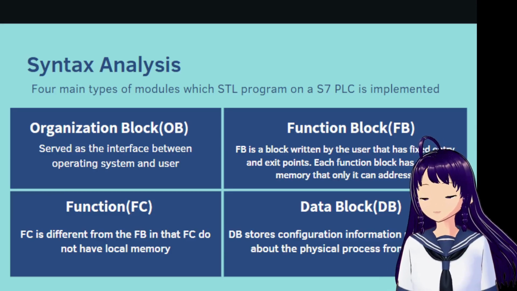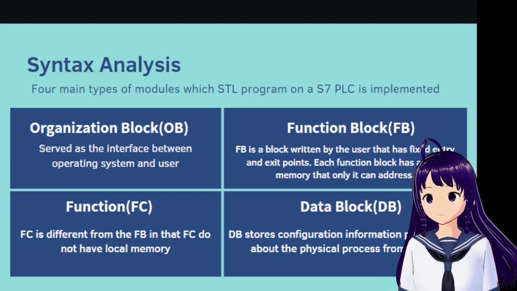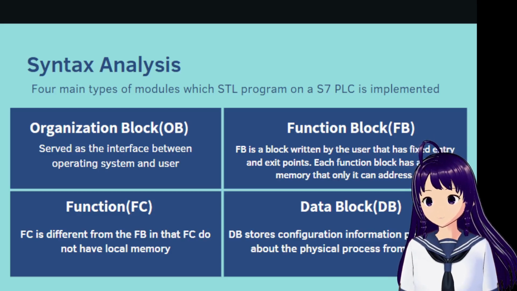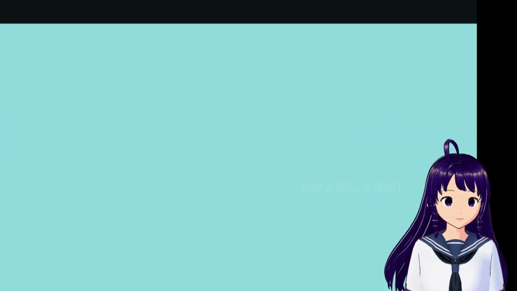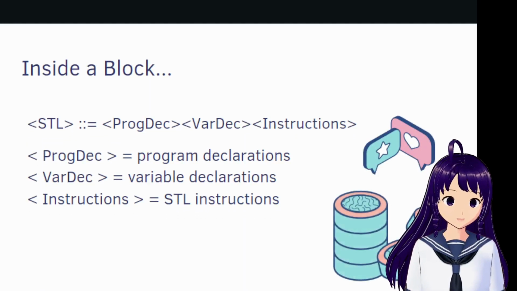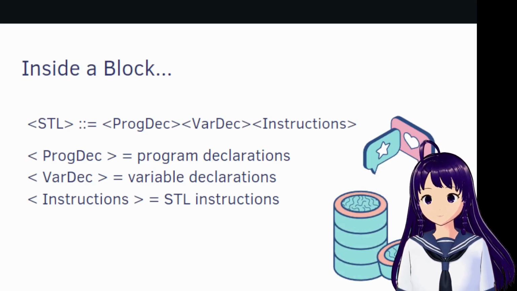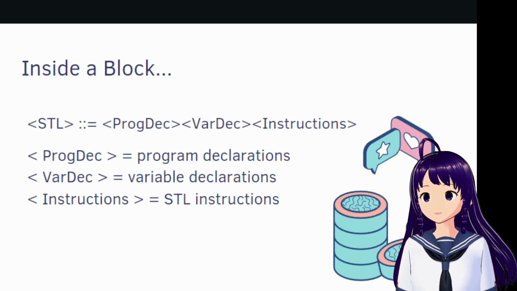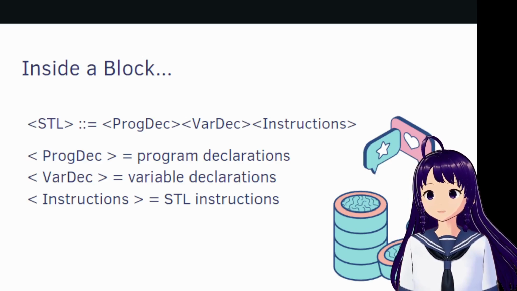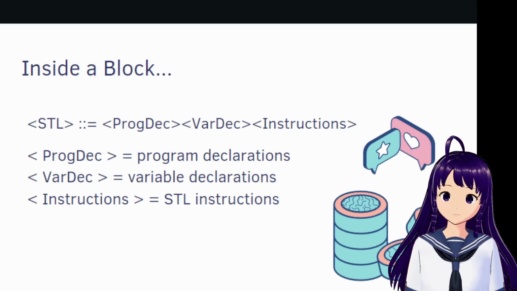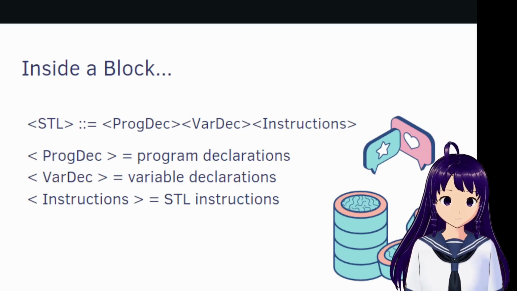Organization block, OB, function block, FB, function, FC, and data block, DB. And inside the block, there are 3 presentations: program declarations, for deck variable declarations, and instructions, STL instructions.